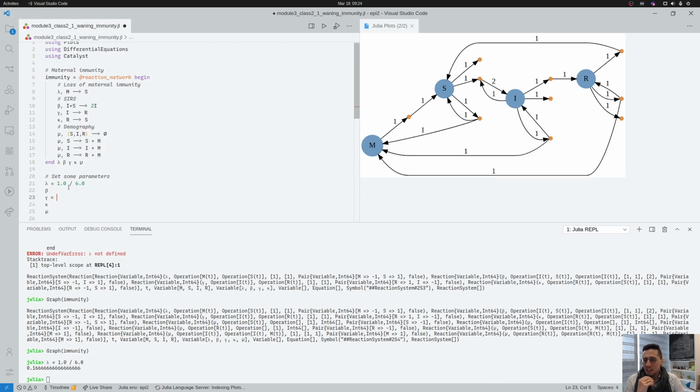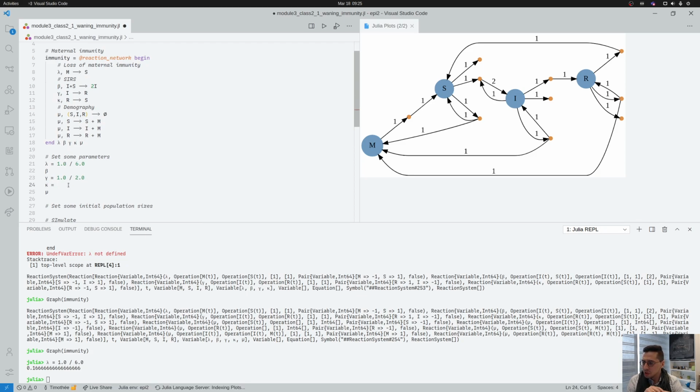Gamma is the rate at which infectious individuals recover, at which you develop your own immunity. And so that is 1 over the duration of the infectious period. So we can say individuals are going to be infectious for 2 units of time. Units of time here are going to be months again. So for an average of 2 months, you're going to be infectious.